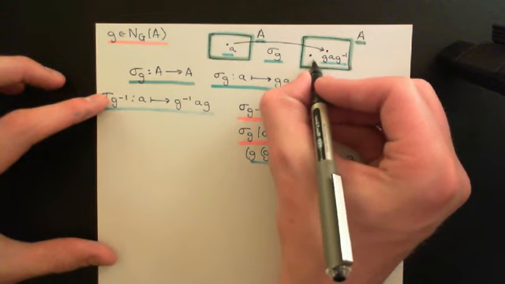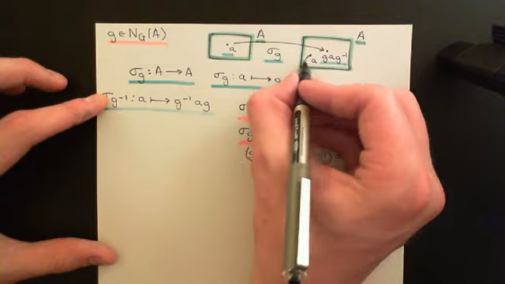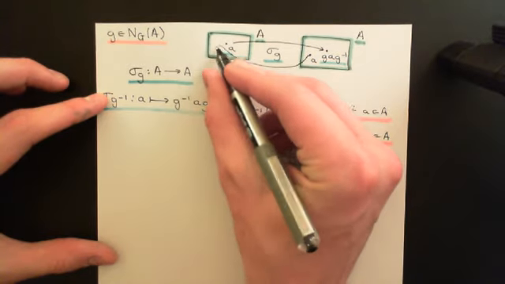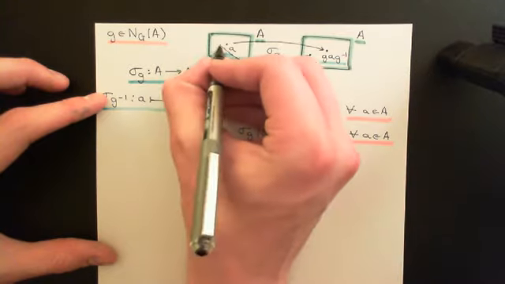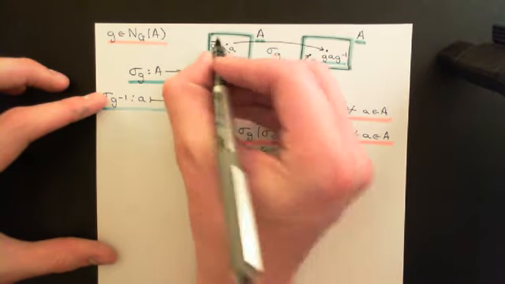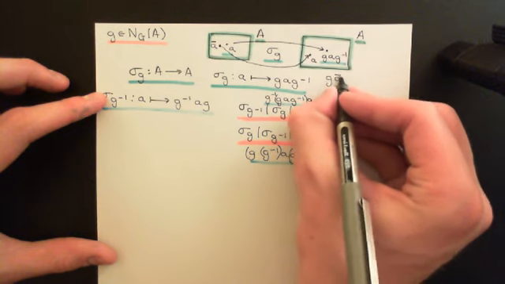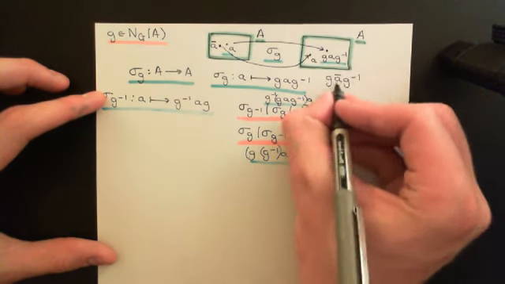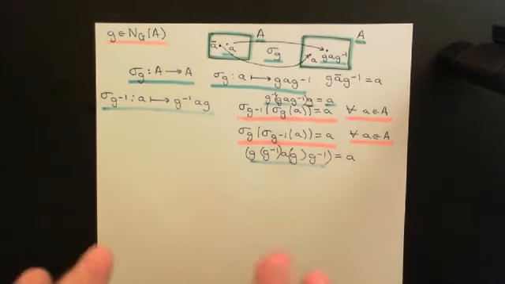So if I take an element little a here, there will be some element back in the domain of the map that was mapped onto it by conjugation, and we'll call that element little a bar. So there is some little a bar such that when I conjugate it by this element little g, it gives me a little a.